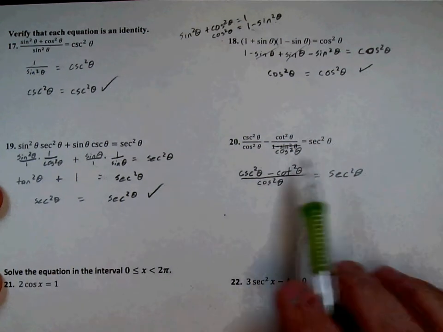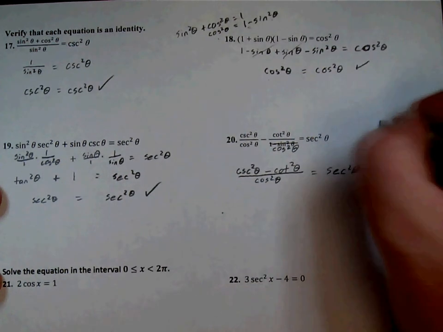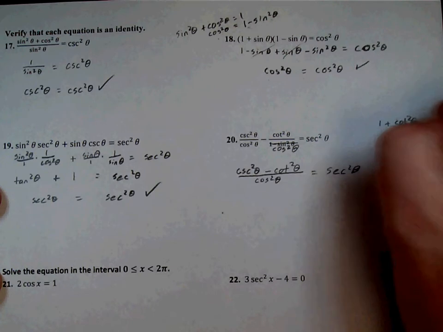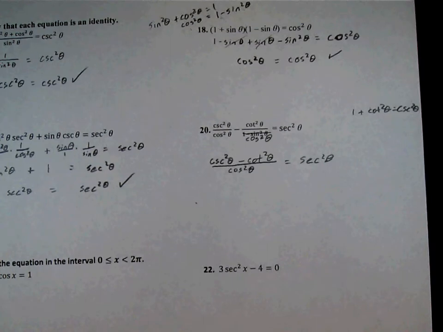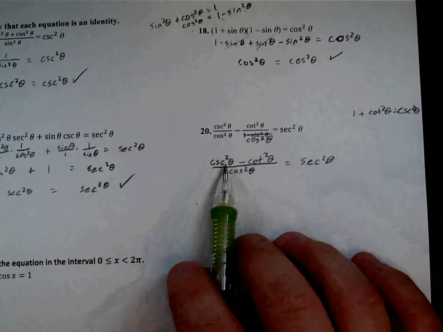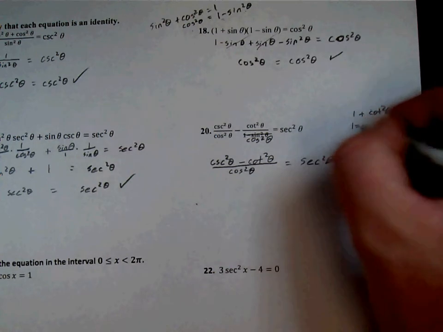Now we have an identity that has both cosecant squared and cotangent squared in it. That identity is 1 plus cotangent squared of theta equals cosecant squared of theta. Let's think about that identity for a moment. I want cosecant squared minus cotangent squared, so I would subtract cotangent squared from both sides.